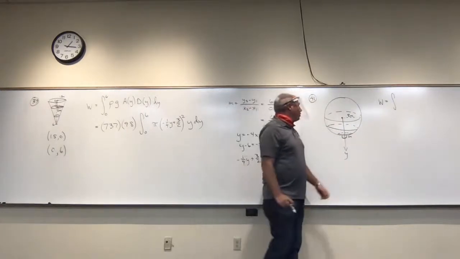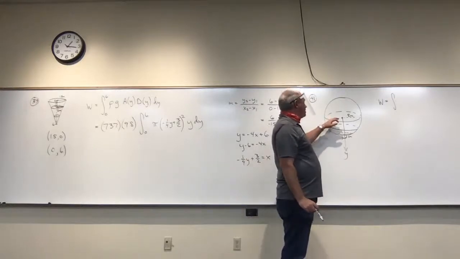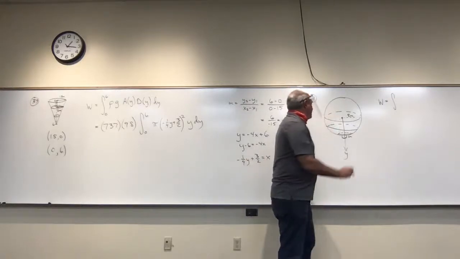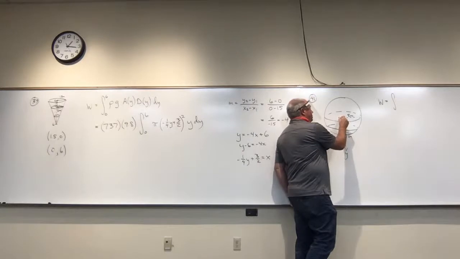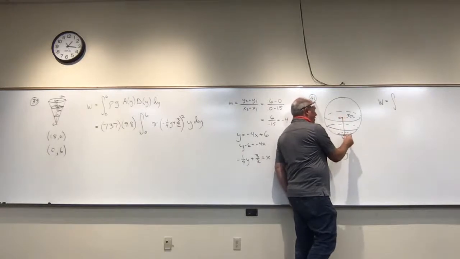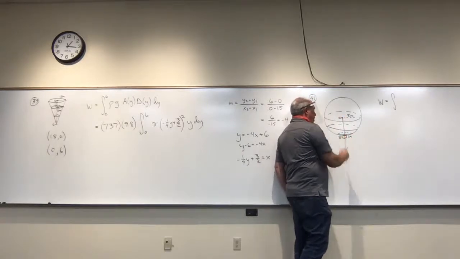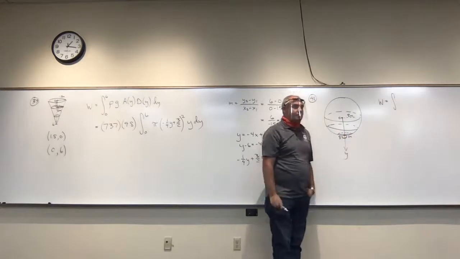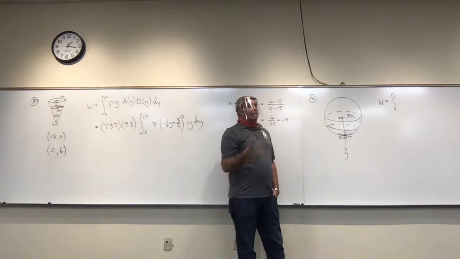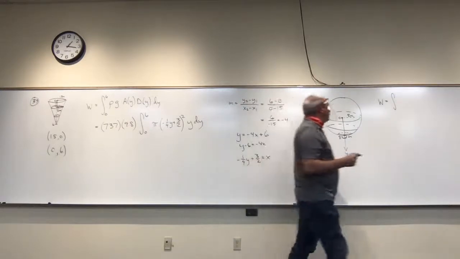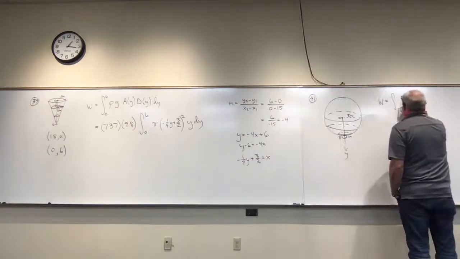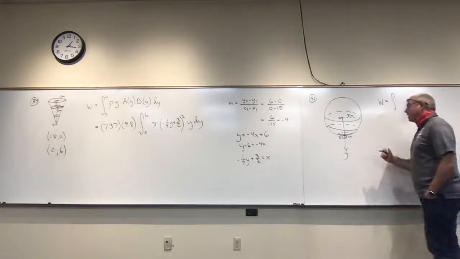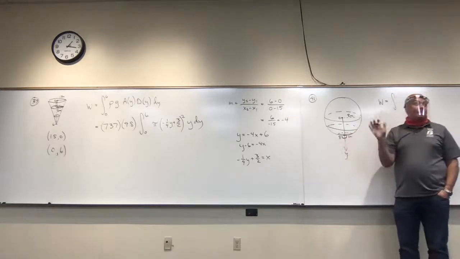All right, so in this case, what am I integrating? This is going to be my origin, so this is 0. Down here is positive 8, we'll call it. So I need to integrate from what to what? -8. There's nothing wrong with that, by the way.